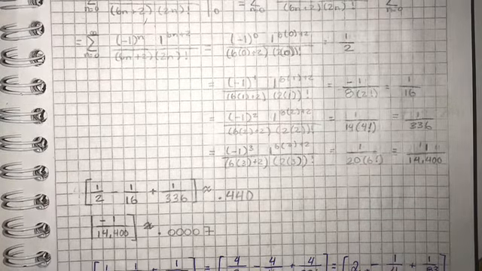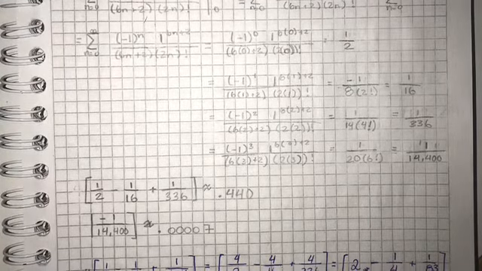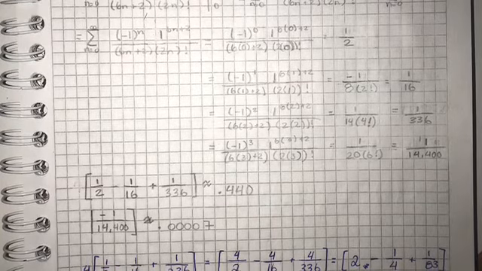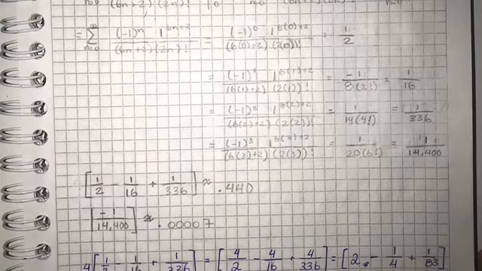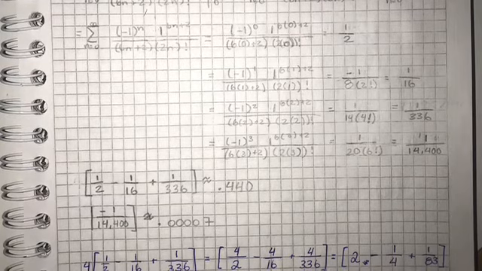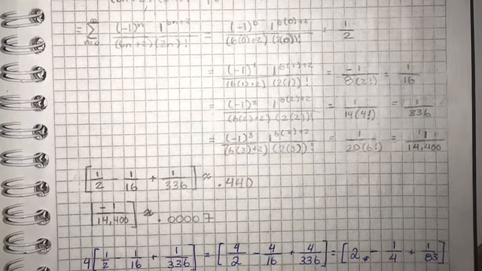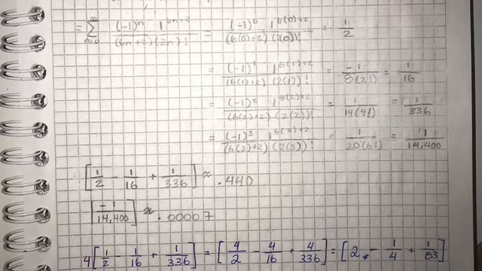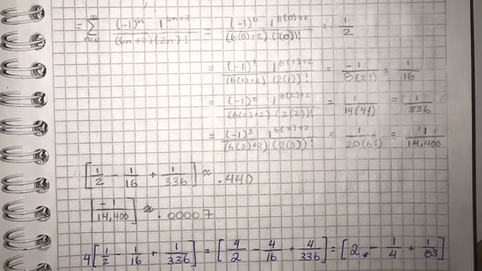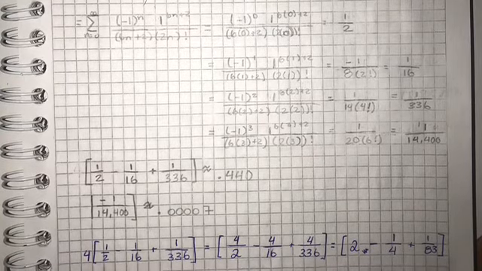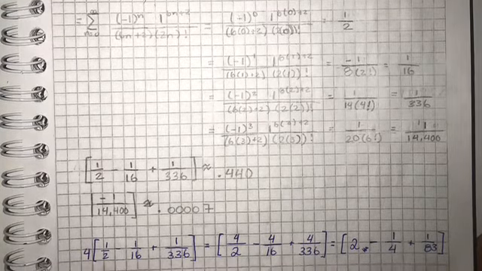Then we can substitute 1, 2, and 3. When we substitute 1, we get 1 over 16, with 2, 1 over 336, and with 3, 1 over 14,400. Now that we have these results, we can sum the first three values we got.